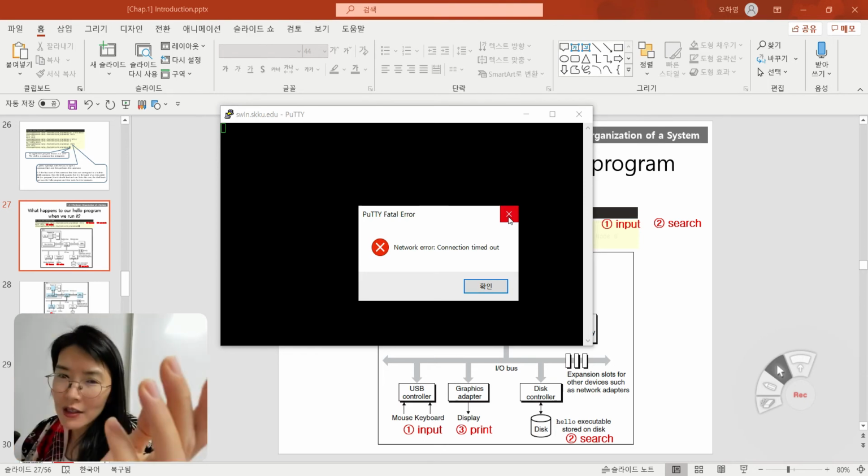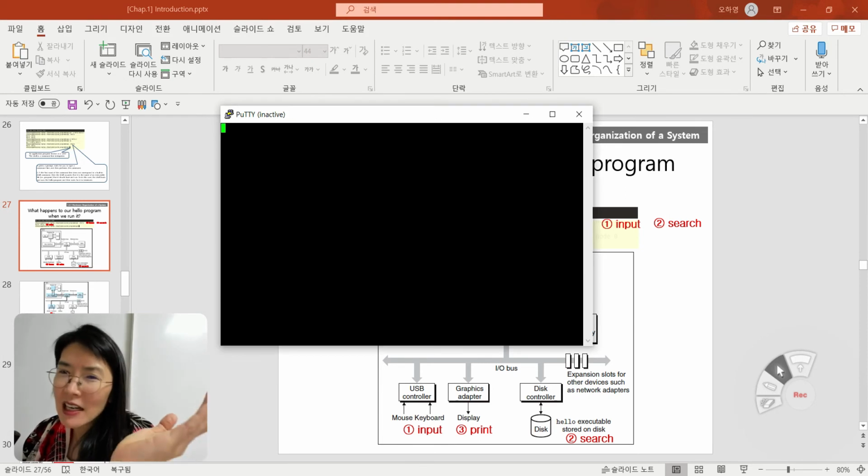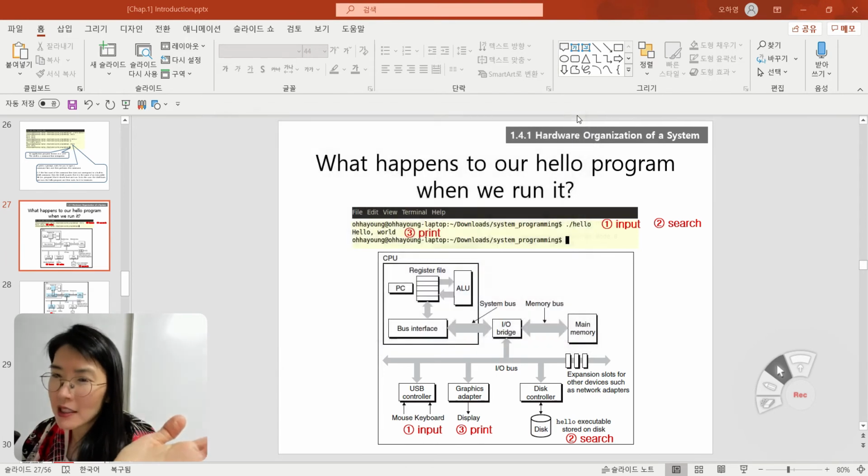All right, so I will try to connect to our university server after 1 or 2 hours or tomorrow. Please understand the disconnection sometimes, because many students and professors share our Sungkyunkwan University Linux server. So don't worry about it.